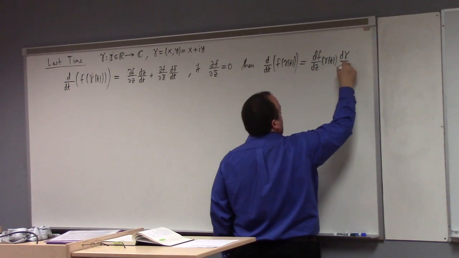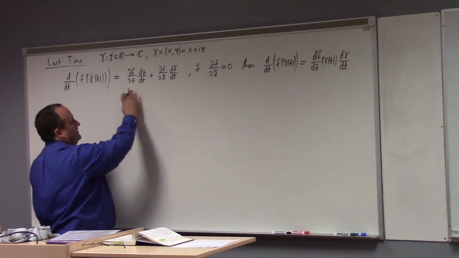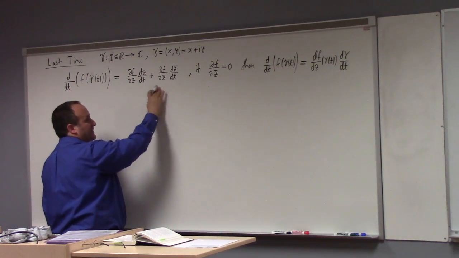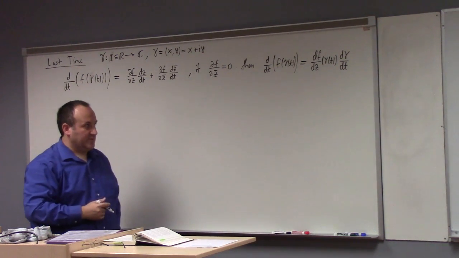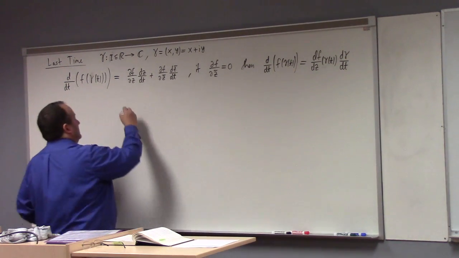I'm omitting the dependence, but you should understand, of course, that with this chain rule these things are all evaluated along the path as appropriate.